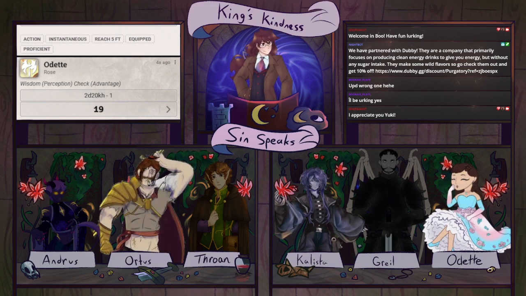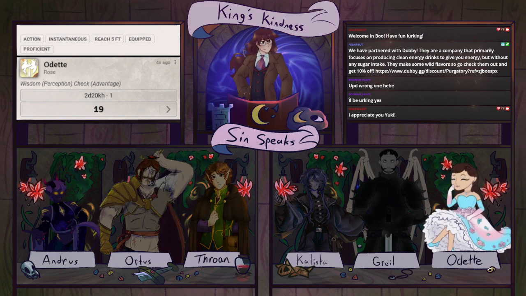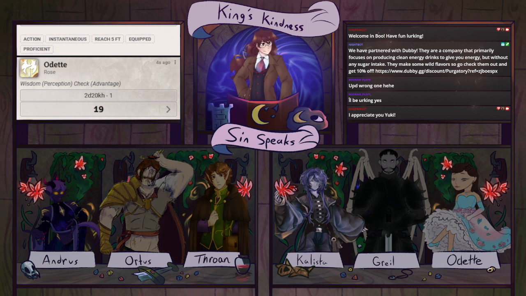Can Callista just look at Odette and use a channel divinity right quick? Can she just flare up a channel divinity, or does it have to be a specific one that she uses? Technically, you could just make the god symbol on your chest, the lightning bolt, glow brighter blue at will.